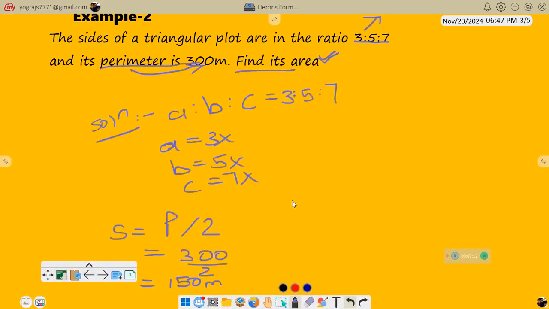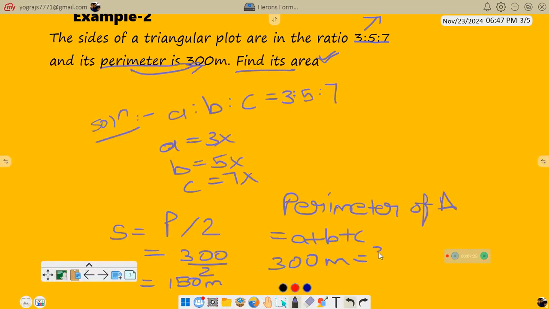Now we know that the perimeter of a triangle equals the sum of all sides, that is A plus B plus C. Now 300 meter equals 3x plus 5x plus 7x.